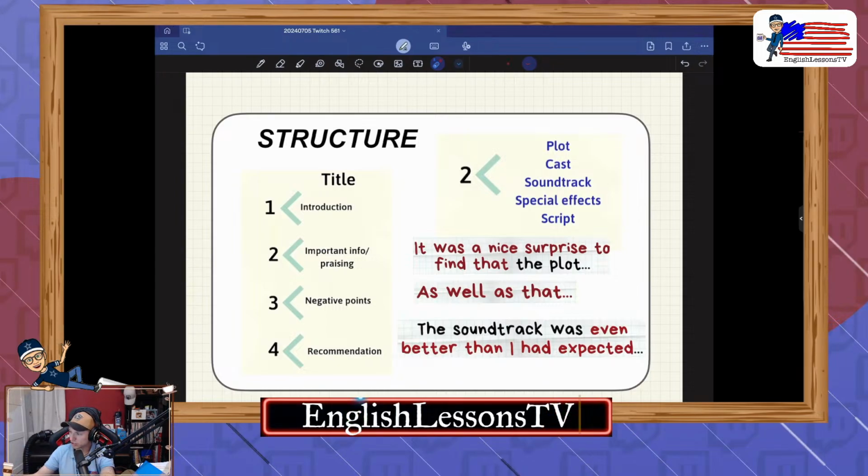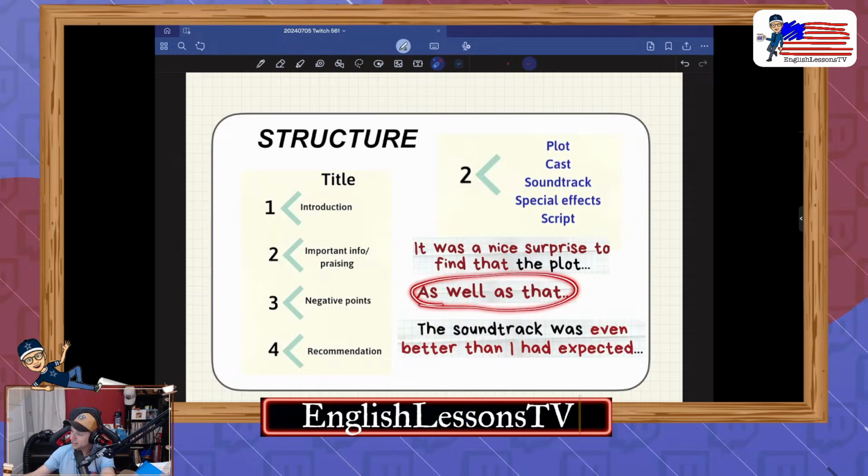So in here, you have to talk about the plot, the cast, the soundtrack, the special effects, the script. So many of the things that convince you to consume it. So something you could say is it was a nice surprise to find that the plot was whatever.